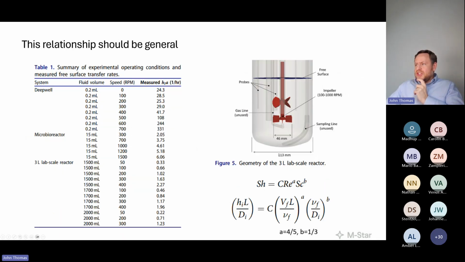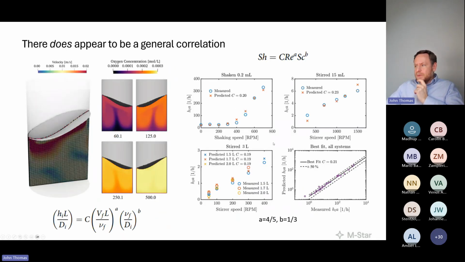Let's take a look at the stirred system, which was the 15 milliliter Ambr 15. I don't have a picture of that here. Same logic applies. We have just free surface measurements, no sparged gas. As my impeller speed goes up, I can get HLAs up to 6-ish or so. Not nothing, guys, in terms of a little Ambr 15. That's not negligible.